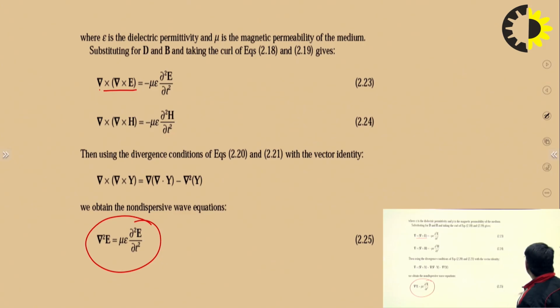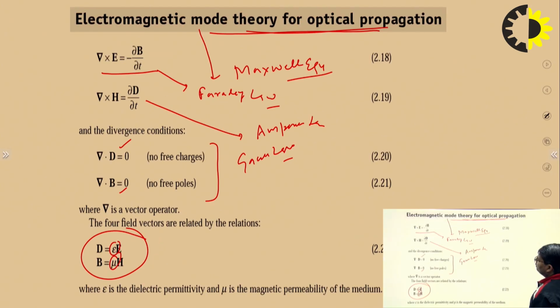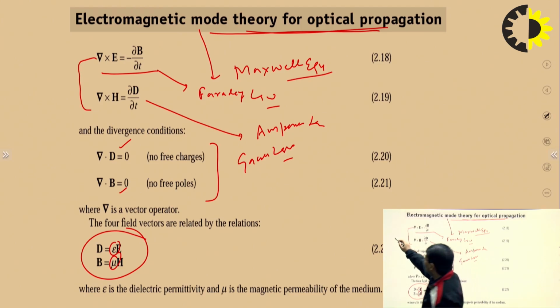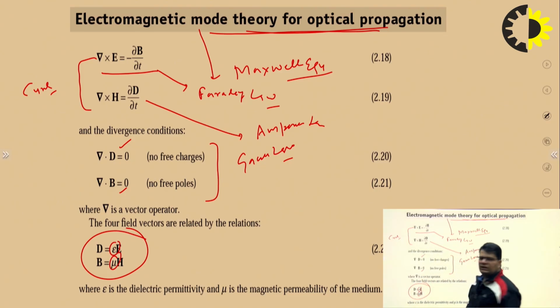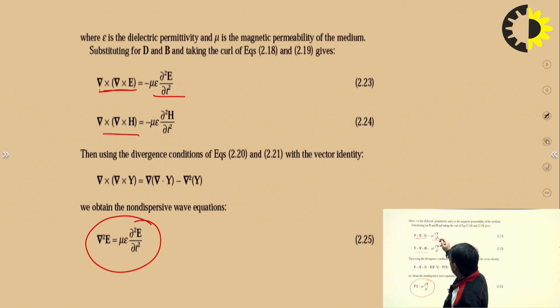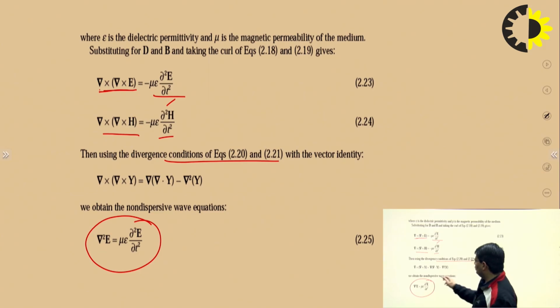In the previous we have shown these two equations. We can take the curl of any equation and putting the value from the second equation. So here we are taking the curl of equation on both sides and putting the values, this one, and then we apply the vector condition, this one.